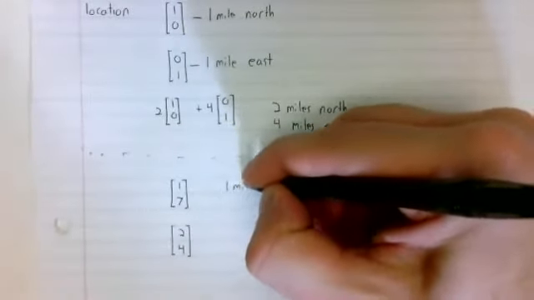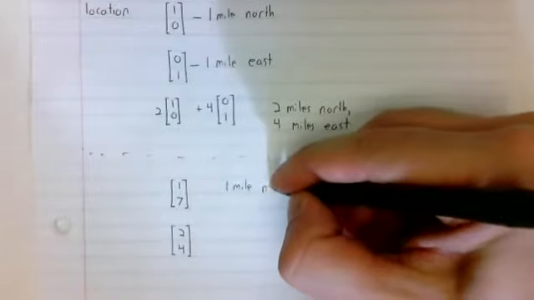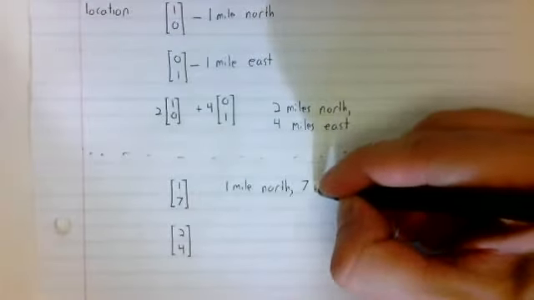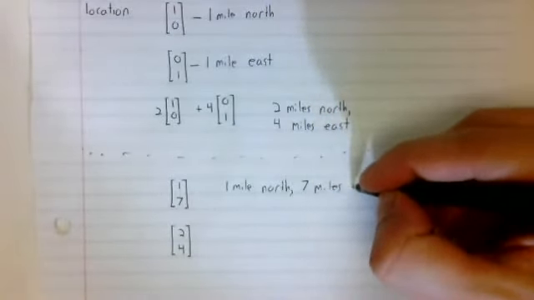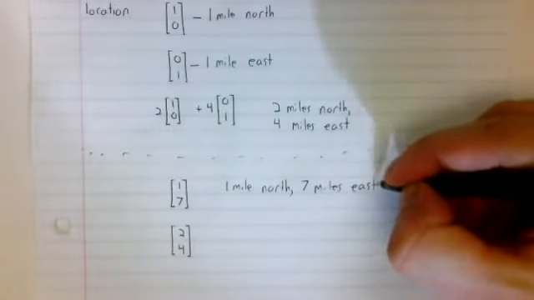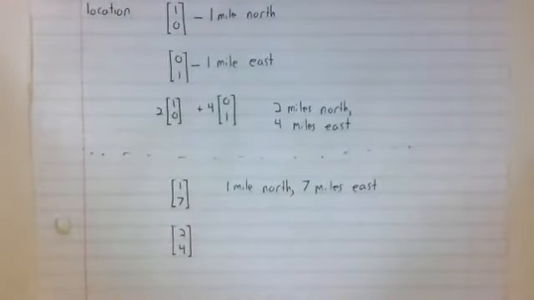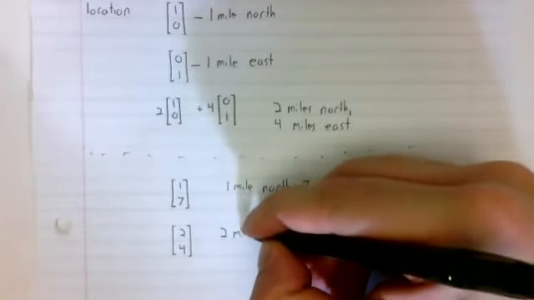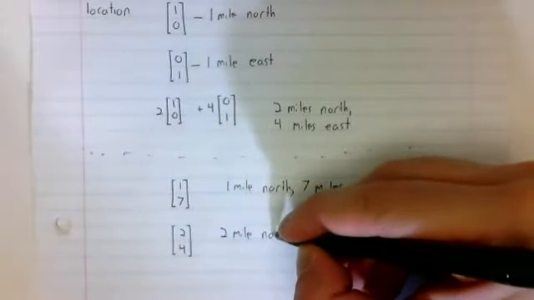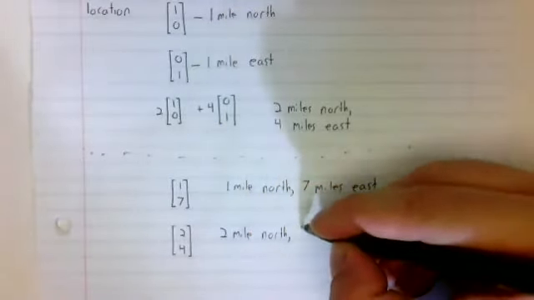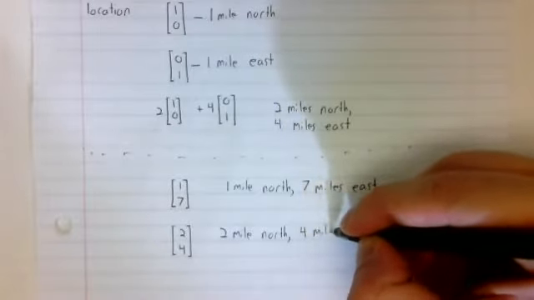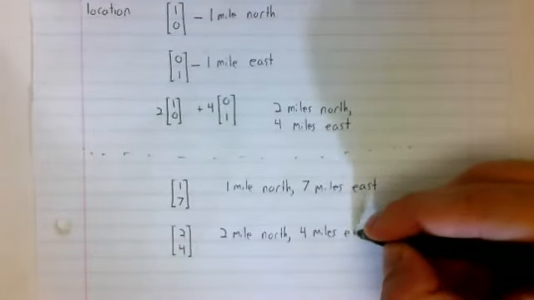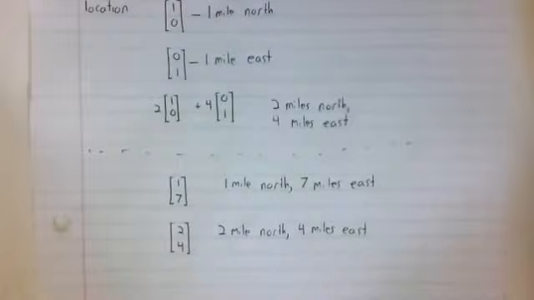This gives you information about travel north, but it also gives you information about travel east. Likewise, this second vector gives information about both north-south and east-west travel.